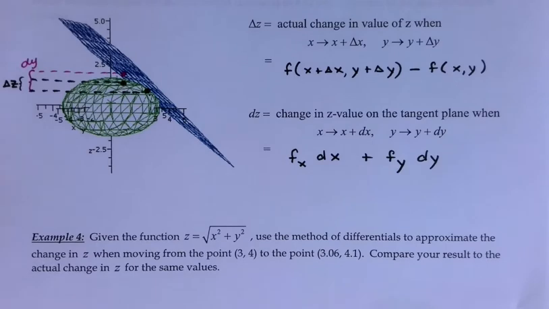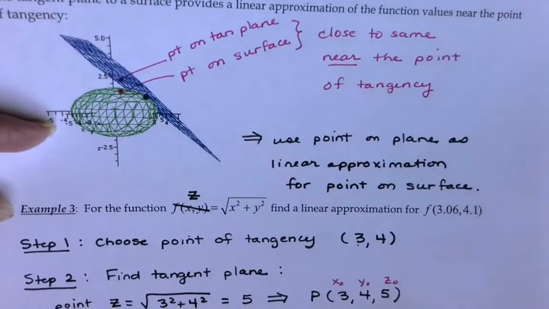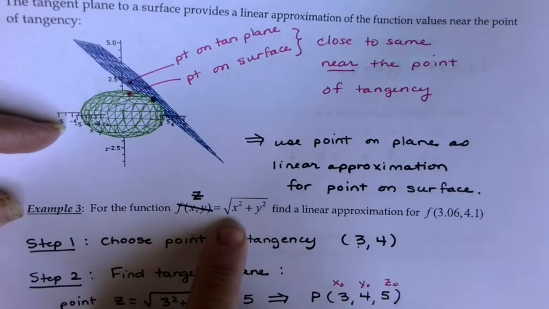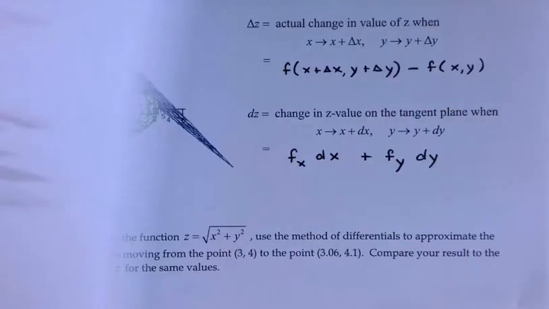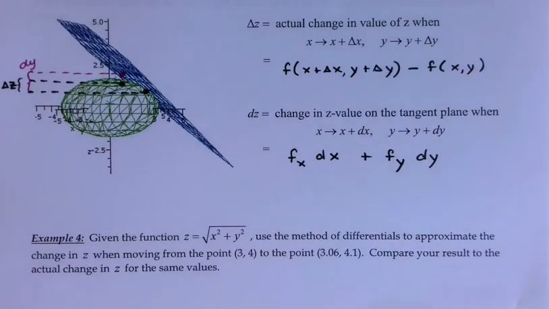And we'd like to use the method of differentials to approximate the change in z when we move from the point 3,4 to the point 3.06, 4.1. So again, notice it's the same function and the same final point that I'm really ending at here, 3.06, 4.1. So we should get something kind of similar happening.